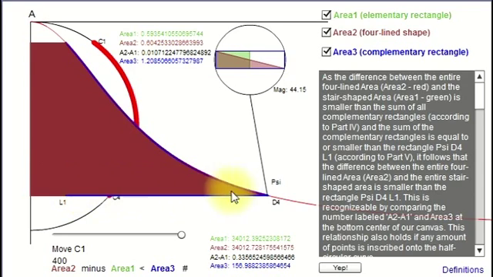That's why this line is shorter than this line, although it is composed of the same number of the same complementary rectangles. And this is another demonstration or proof that principles or geometric relations stay valid, even if you move into the realm of infinity. And hence, this is the case.